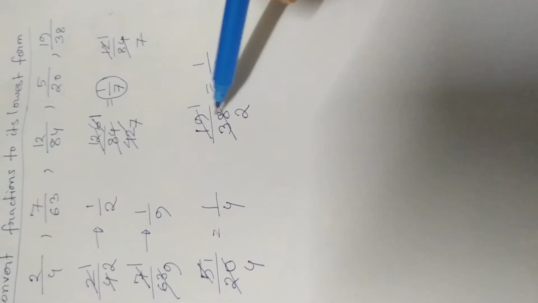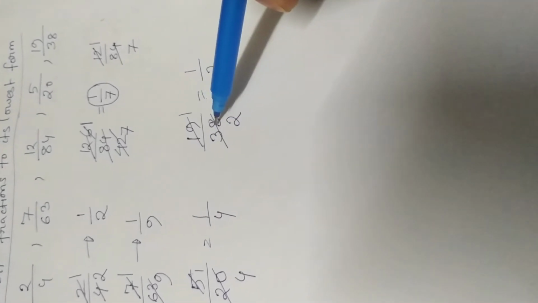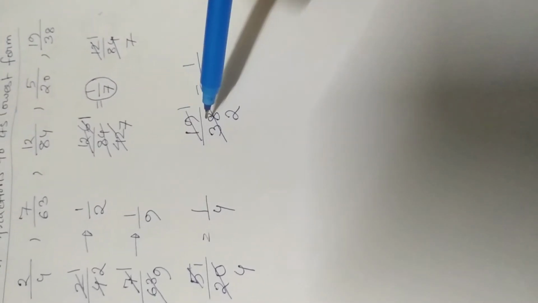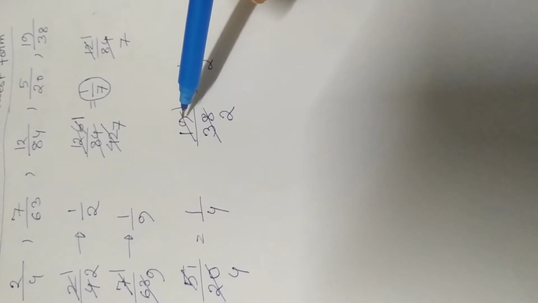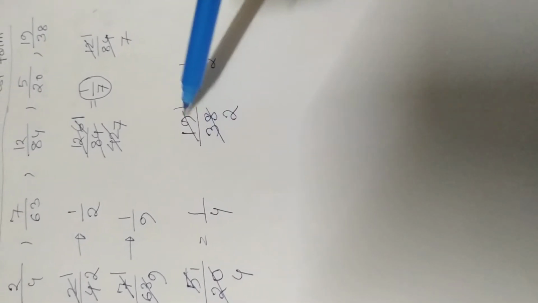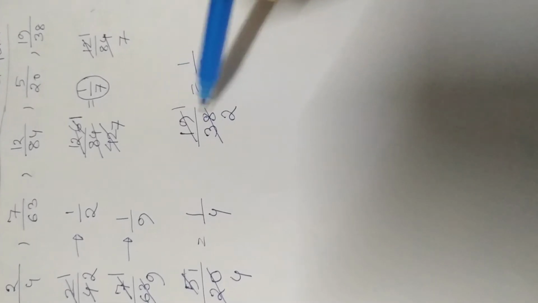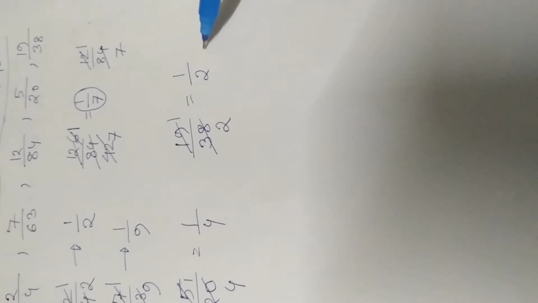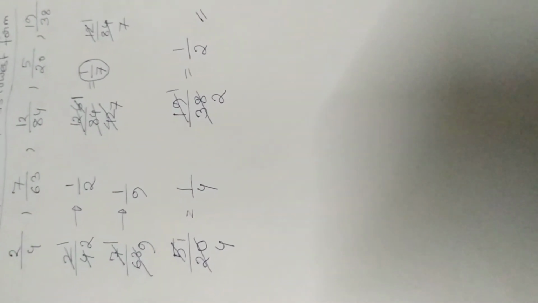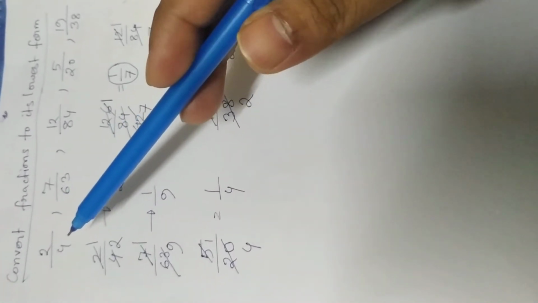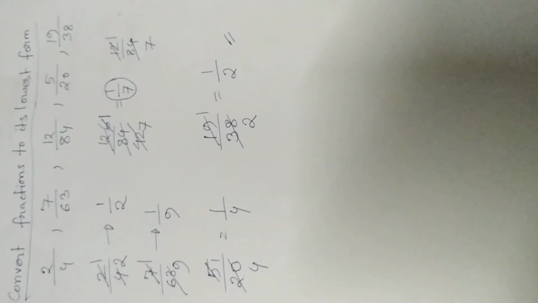You need to check if this particular number 38 is divisible by 19 or not. Otherwise it would have stayed as 19 by 38. Since both the numbers are divisible by 19, 19 by 38 when reduced to its lowest form is 1 by 2. I hope we have understood how to convert fractions into lowest form. Okay, is it clear?